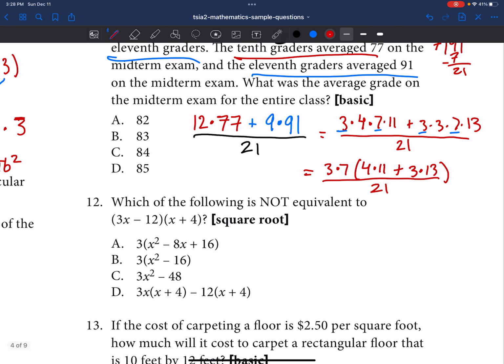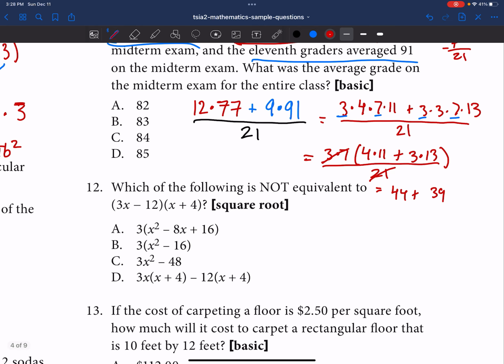But of course, 3 times 7 is 21. So those cancel. And so I'm left with 4 times 11 is 44, plus 3 times 13 is 39. And let's see, so 44 plus 40 would be 84. Take away 1 is 83. This equals 83. And there we go.